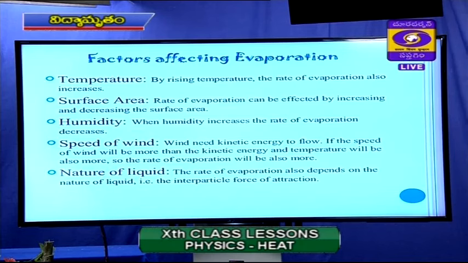Surface area: the rate of evaporation can be affected by increasing and decreasing the surface area. And humidity: when humidity increases, the rate of evaporation decreases. Wind speed: the wind has kinetic energy to flow. If the speed of the wind is more, the kinetic energy and the temperature will also be more, so the rate of evaporation will be more.